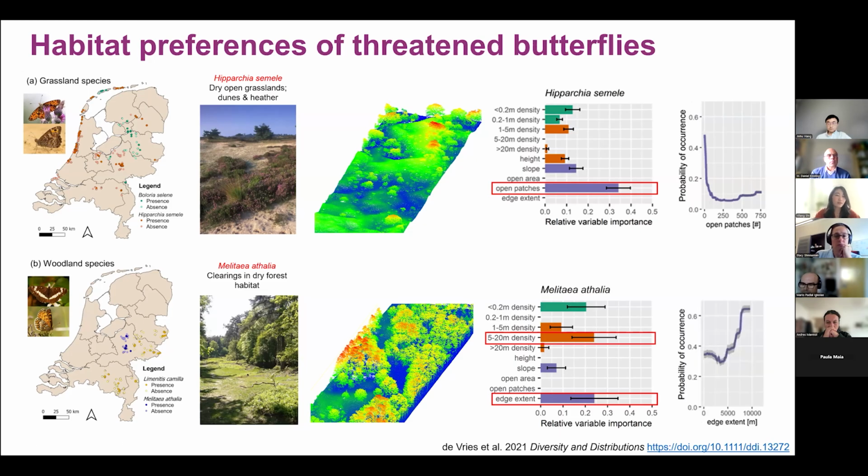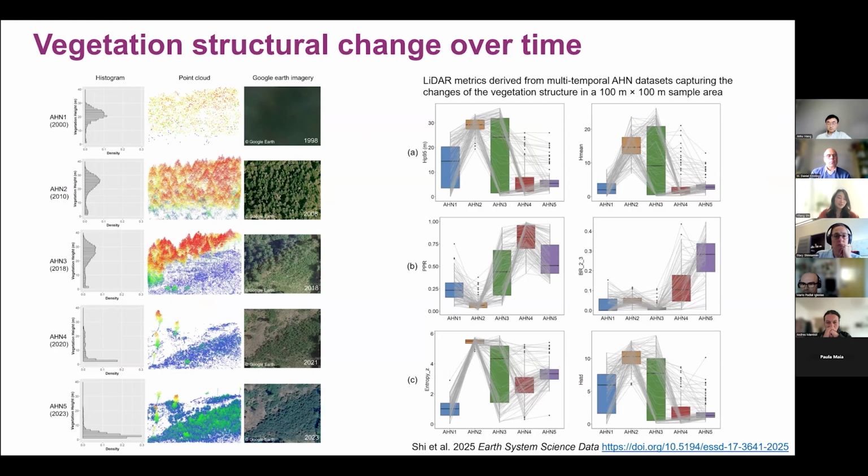And another example I want to mention is, as mentioned before, if you have a laser scanner scanning the same area over time, you might get a multi-temporal point cloud from which you can observe the dynamics of structural change. We did the analysis using AHN 1, 2, 3, 4, and 5. Over the past 2 decades, we observed an area here where you can see clearly forest cuts in 2018.